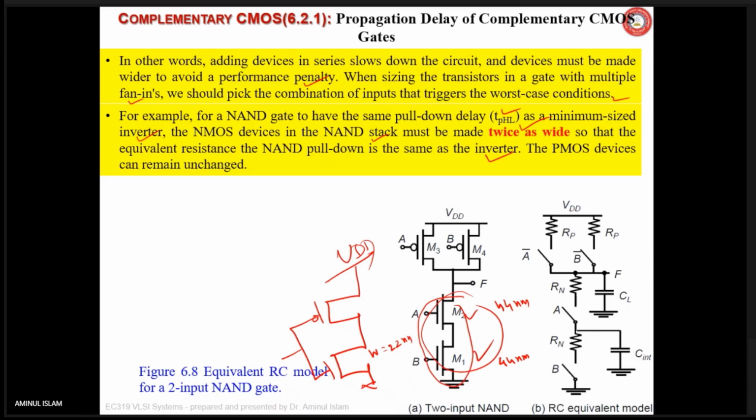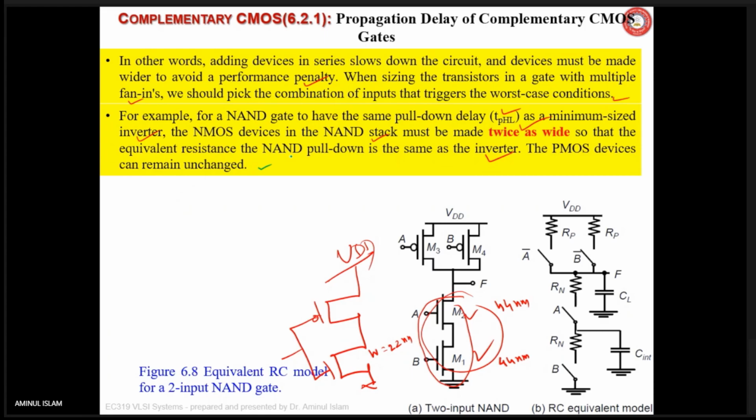For example, for a NAND gate to have the same pull-down delay TPHL as a minimum sized inverter, the NMOS devices in the NAND stack must be made twice as wide so that the equivalent resistance of the NAND pull-down is the same as the inverter. The PMOS devices can remain unchanged.